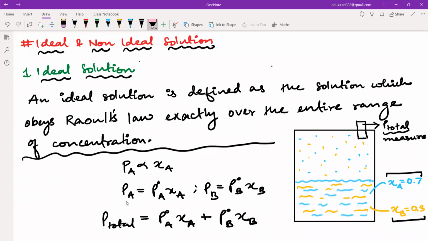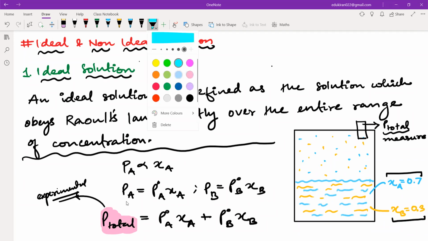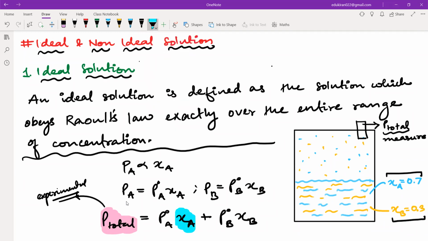So we know P total. This is what we have measured, so we will say that this is experimental. And then we have got these values for chi A and chi B.